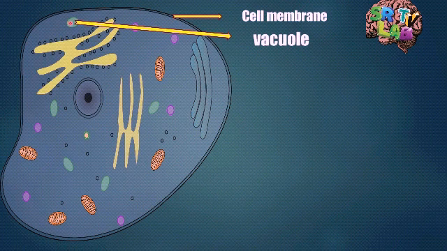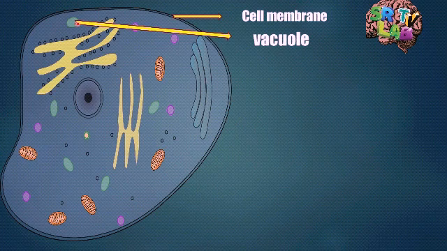We go to the vacuole. The vacuole is a very large organelle. Organelles are the parts of the cell that are inside the cell. This organelle can occupy up to 90% of the interior space of plant cells, but here we are talking about the human cell.